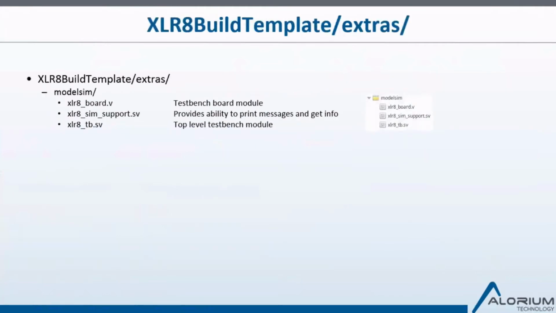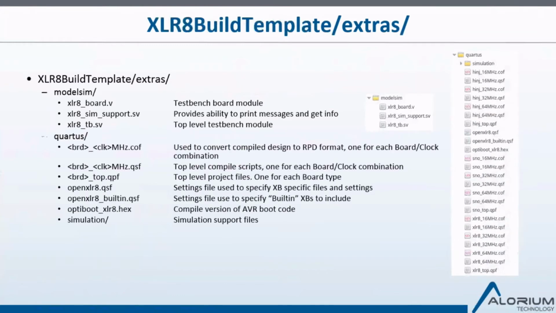And a little bit more detail on that, looking in the extras directory, the ModelSim directory there contains files that are used for simulation. The Quartus directory contains the files that are used when compiling it in Quartus. And you can see on the listing over on the right here, there's quite a bit more files there than I list here. That's because we support 3 different boards and 3 different clock rates.